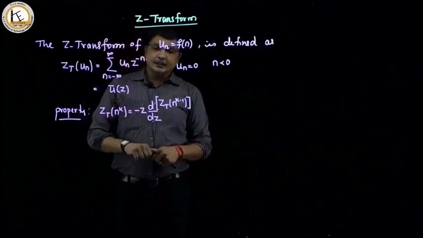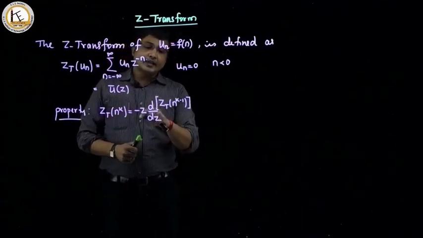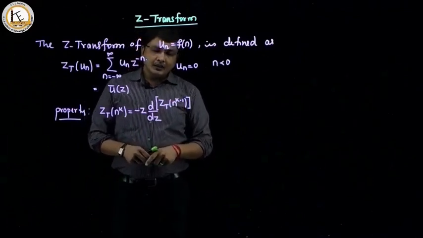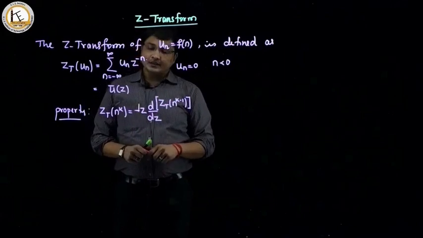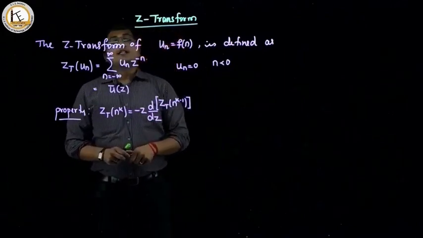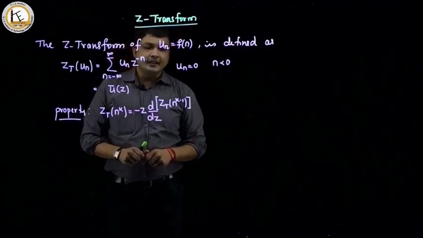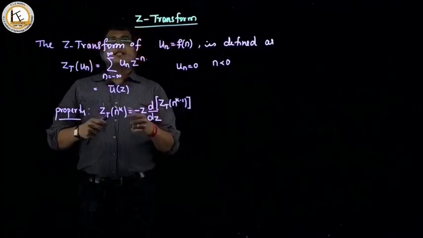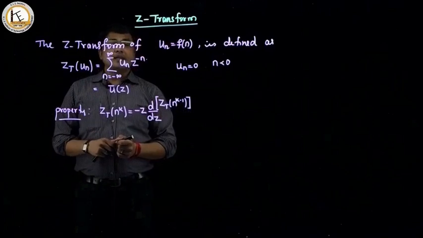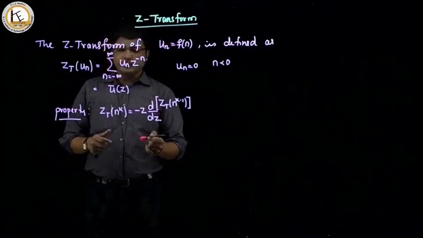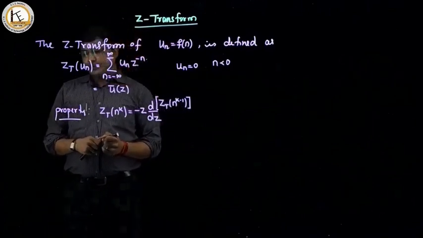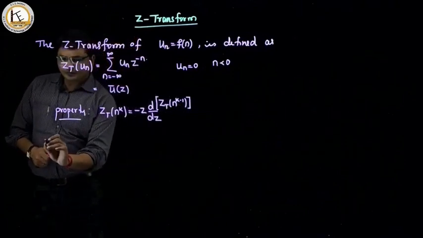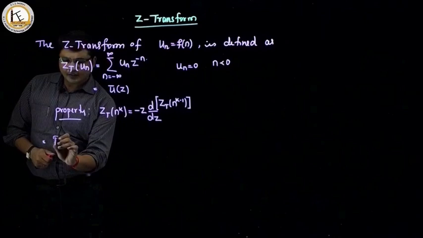This is the most important property. Now we will find the Z transform of some standard functions, and those are the basic functions.